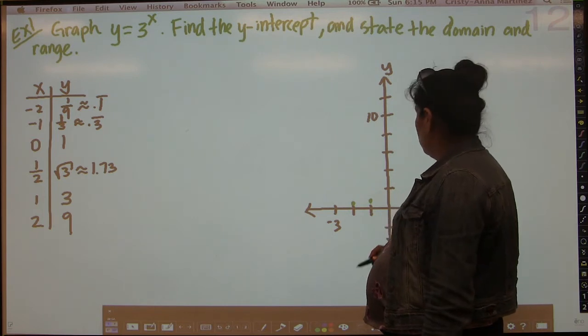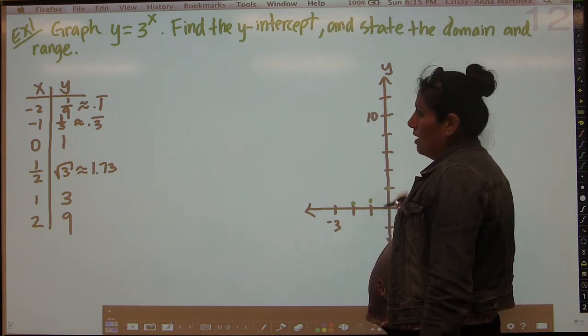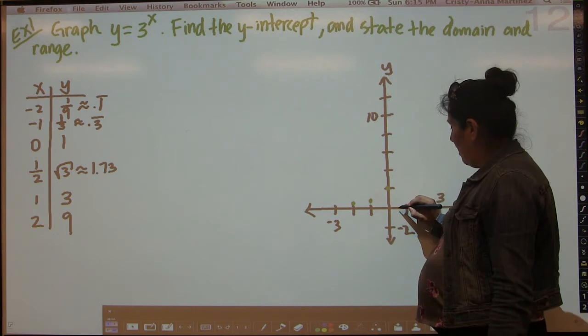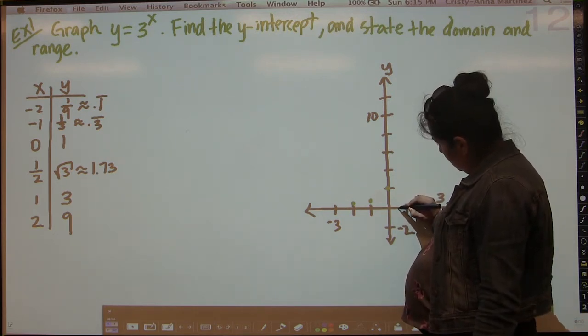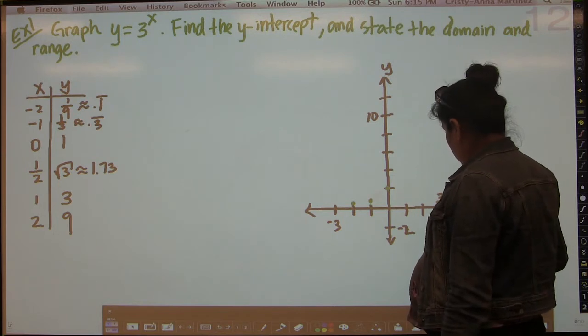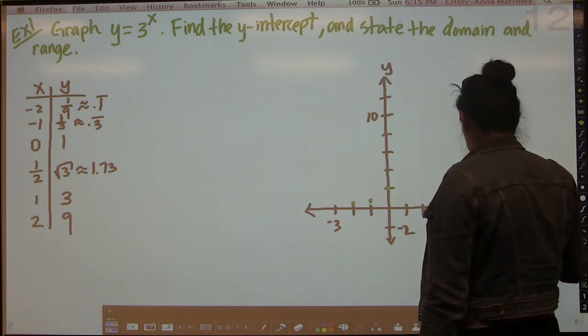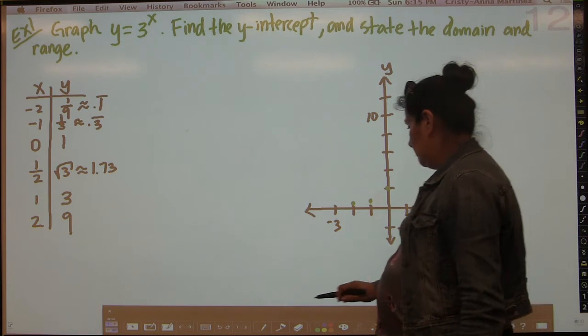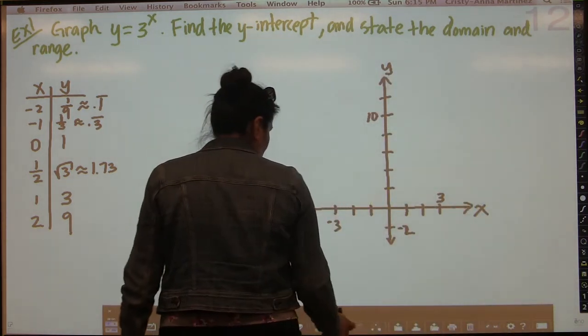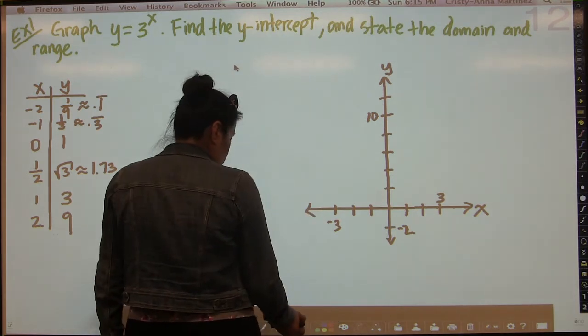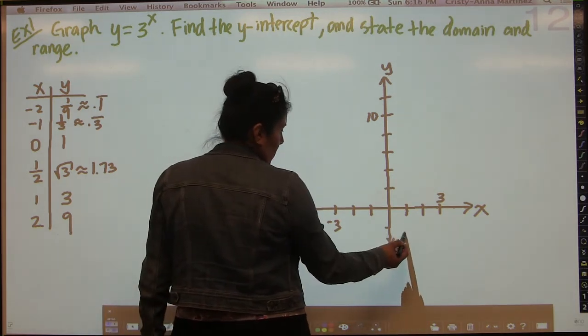And then we have 0, 1. And then when x is 1/2, which is right here in the middle, it's going to be 1.73. Actually, I'm going to go ahead and fix something real quick here. I don't like my scale, so I'm going to go ahead and change it.